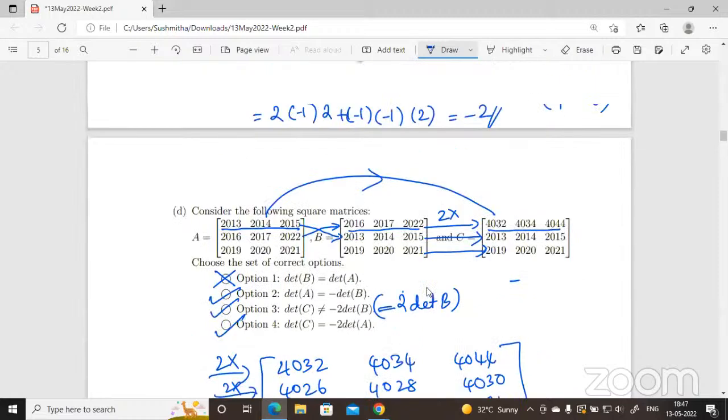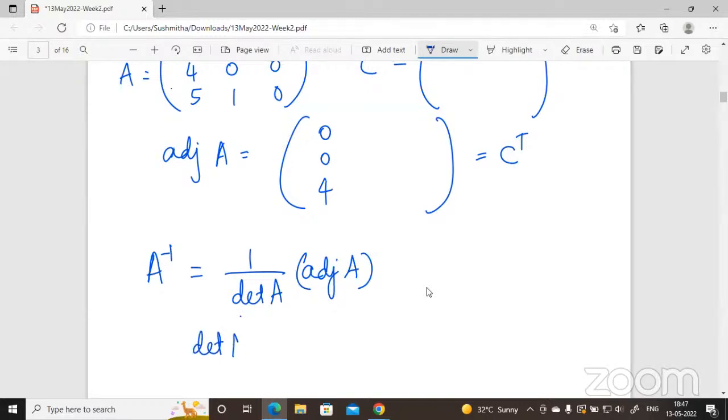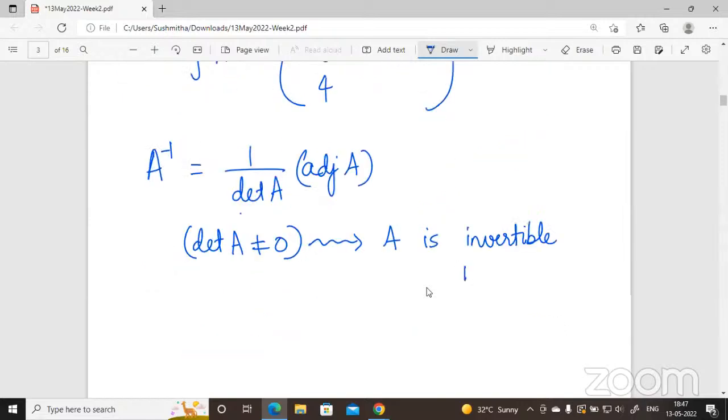We still haven't discussed inverse. We'll just write down the formula for the inverse here. A inverse is nothing but 1 by determinant of A into adjoint of A. So A inverse is possible only when determinant of A is not equal to 0, because I'm dividing by determinant of A. So when determinant of A is not equal to 0, you call A invertible, or non-singular.